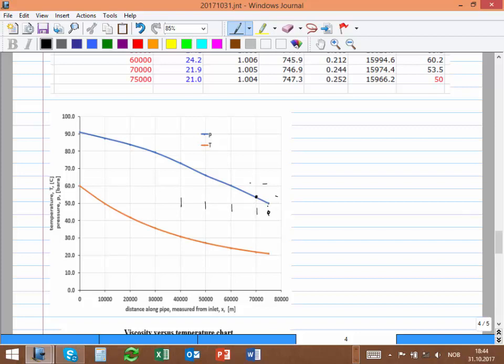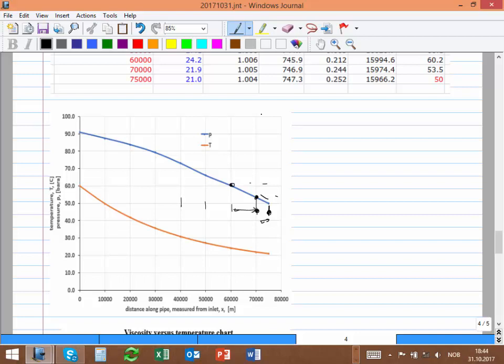I assume that this whole interval has the same properties as this node. Then I move to the next node, and I say all here have the same properties as this node. And then I calculate that pressure, and so forth.